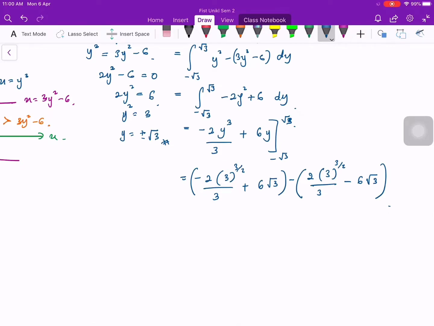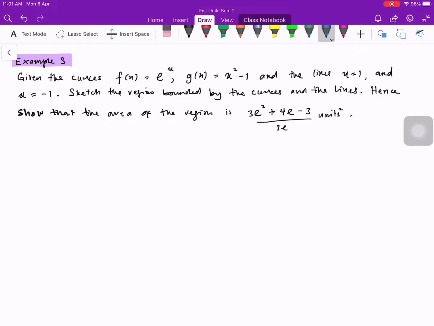By calculating this value, we get 13.856 unit squared. So this will be the final answer.